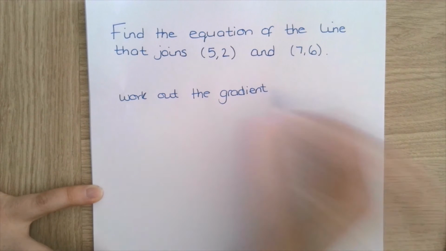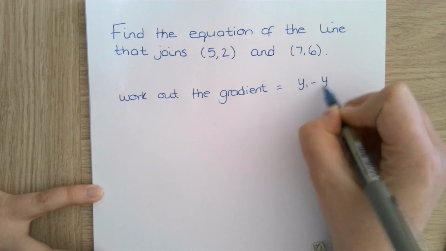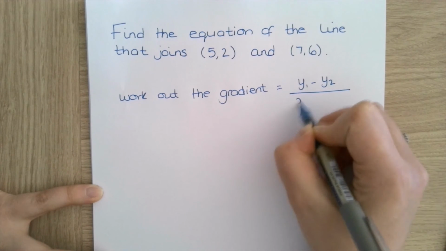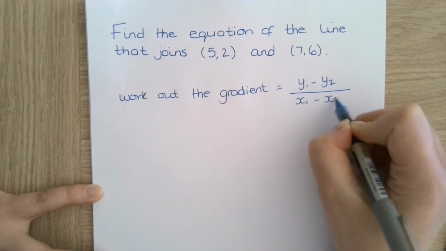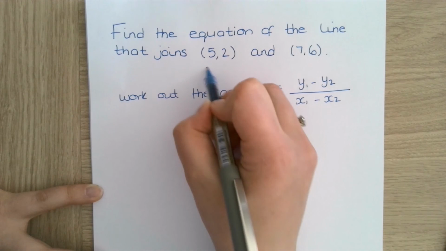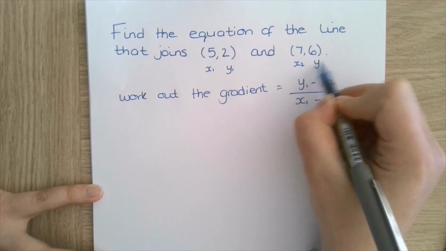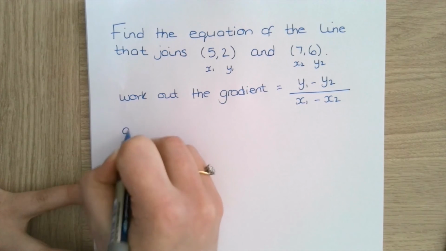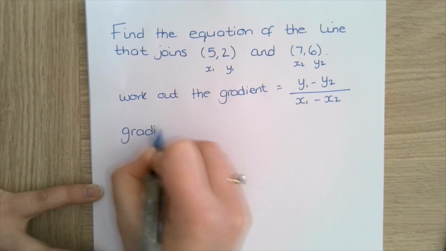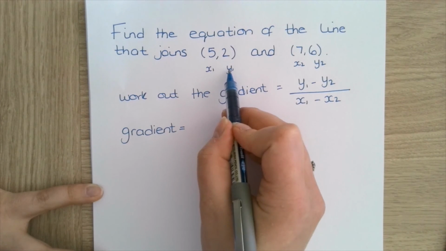Now from the beginning of this video, hopefully you remember y1 minus y2 over x1 minus x2. So I'm just going to label these to help you: x1, y1, x2, y2. So the gradient of this line is y1 minus y2.